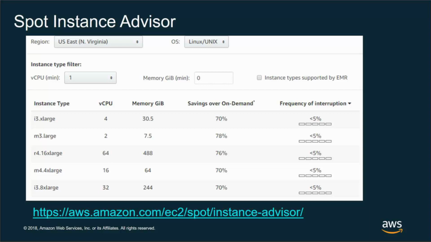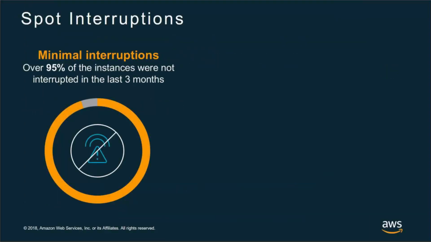So let's talk about those interruptions. Statistically speaking, we know that over 95% of the Spot instances globally were not interrupted in the last 3 months. That means that less than 5% of Spot instances globally actually get interrupted. So Spot instances do get interrupted. We want you to be resilient and to architect for fault tolerance and statelessness.